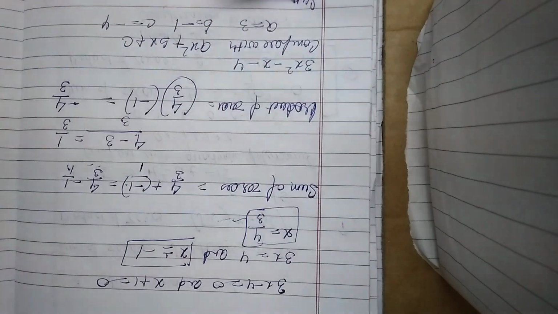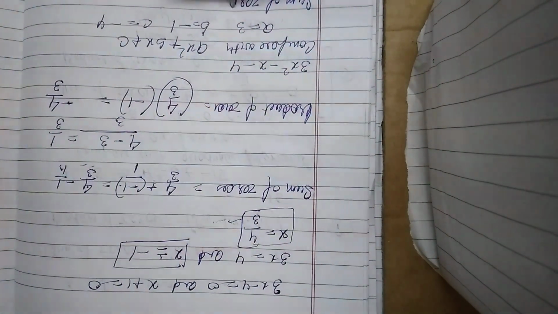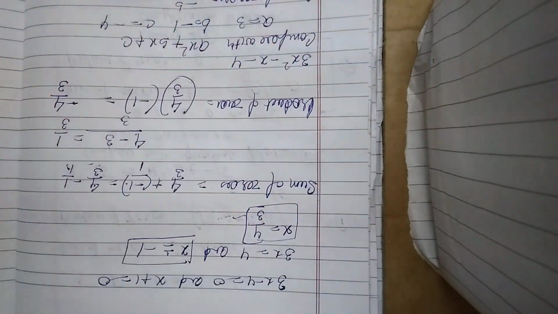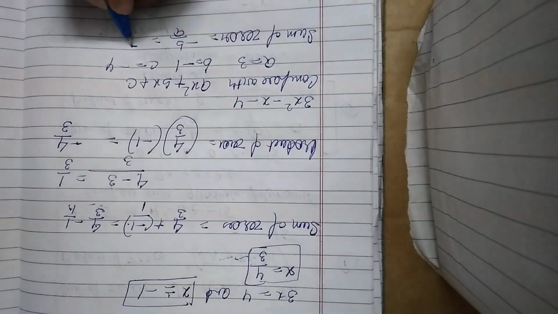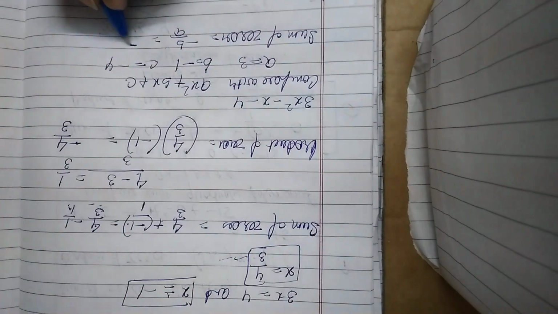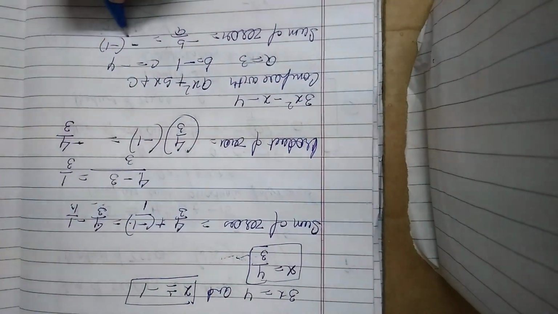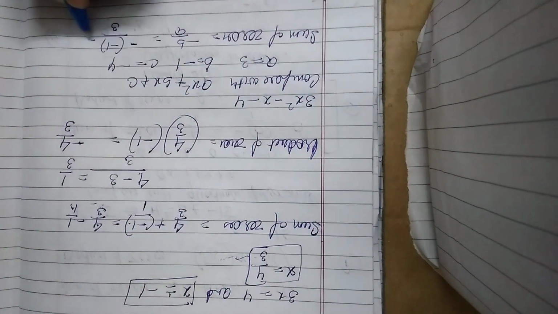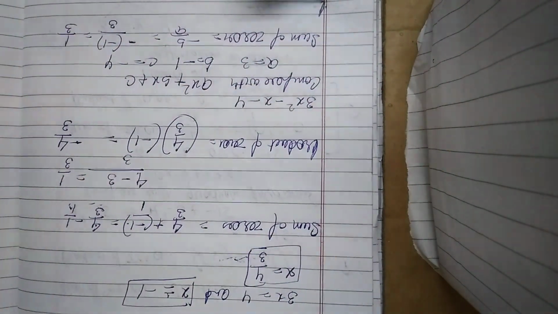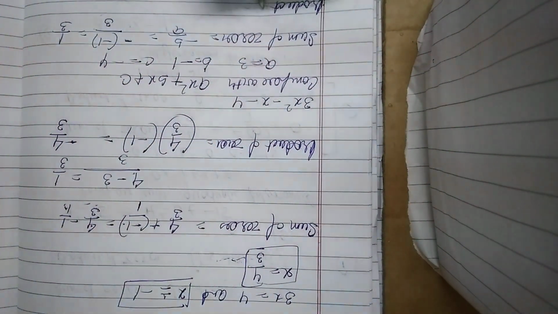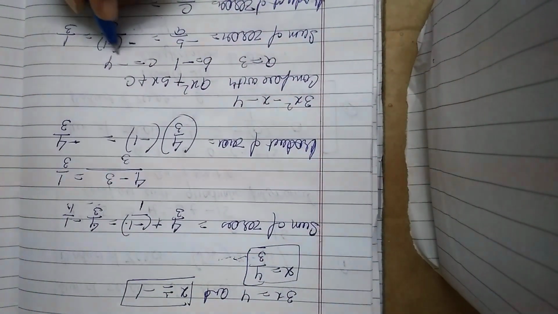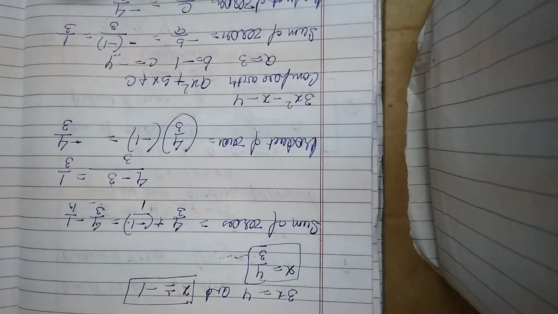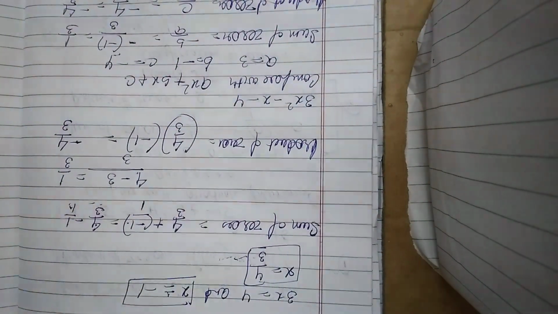Now sum of zeros is minus b upon a. The minus is in the formula, b is minus 1 upon 3, we get 1 by 3. Now product of zeros is c by a. c is minus 4, a is 3. We get minus 4 by 3.